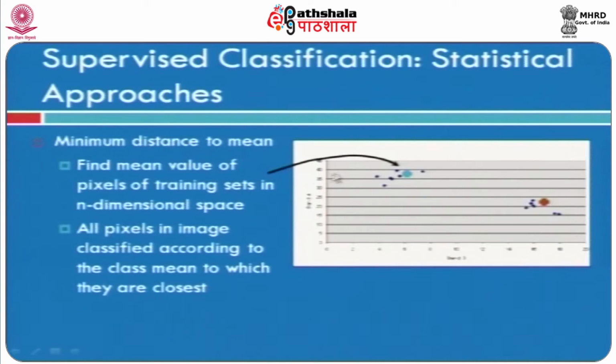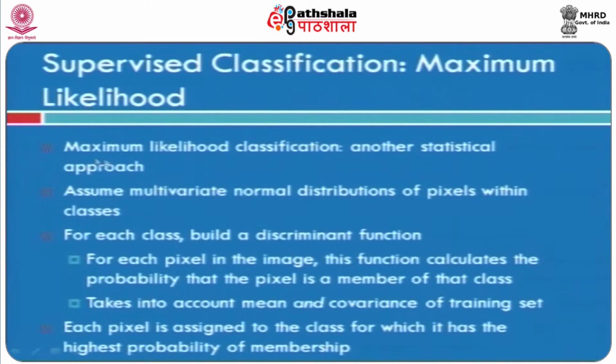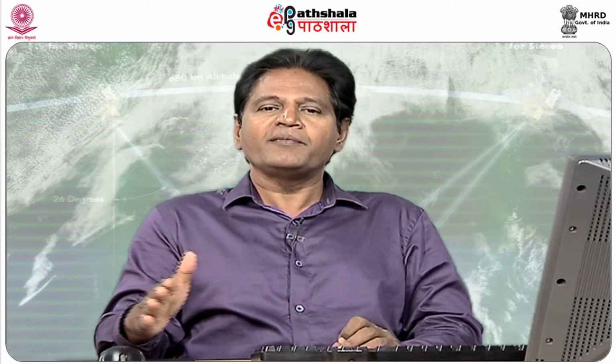The most important one I told you about is the maximum likelihood classification. It is another statistical approach, where we not only consider the mean, median and other details, we also consider the normal distribution of the data. Not a simple mean and mode, we also go for the distribution of the data.